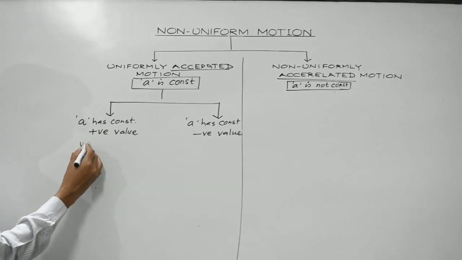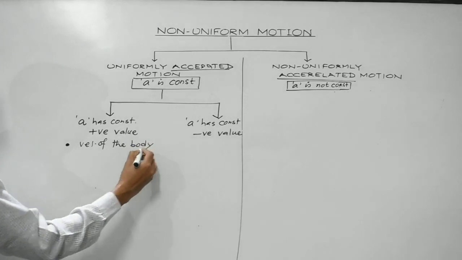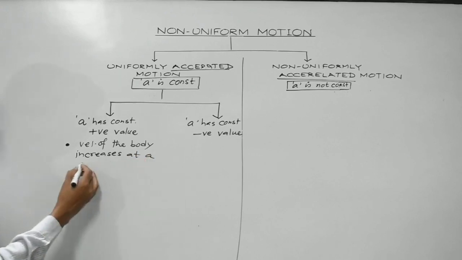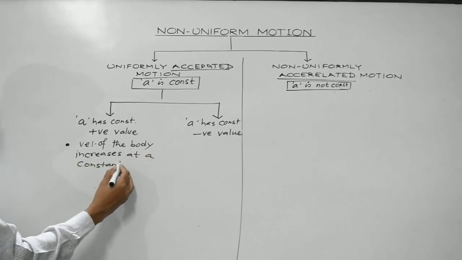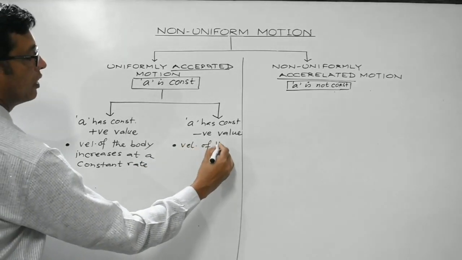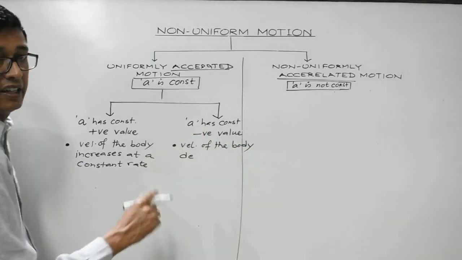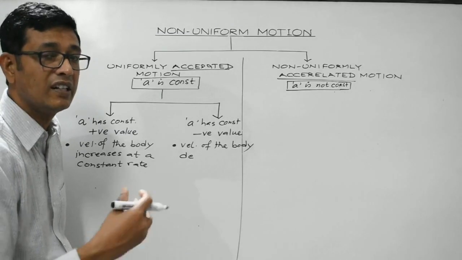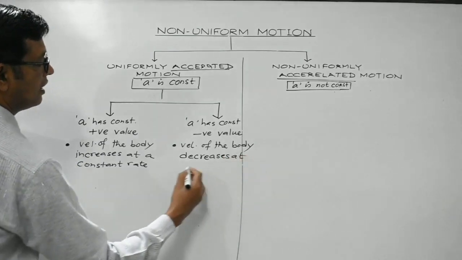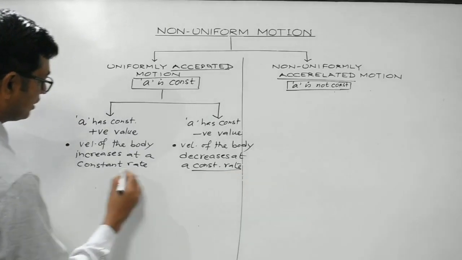Here the velocity of the body increases at a constant rate. Here the velocity of the body decreases. I told you earlier, A negative means it is the case of deceleration or retardation. So it decreases at a constant rate. So this is the key, constant rate.